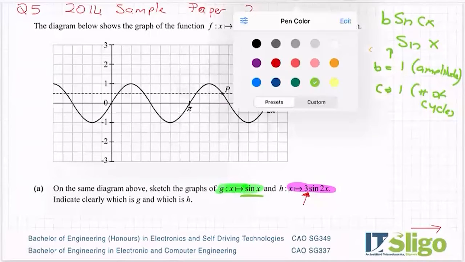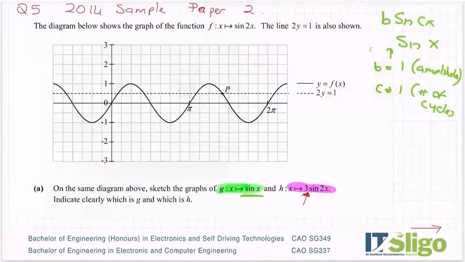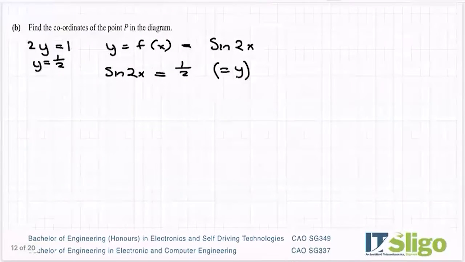Now, what I want to draw your attention to is the fact that there are many points where that line 2y equals 1 equals f of x. So we have to find this particular one here. That's the point P. But there are obviously going to be more solutions to where those two lines equal each other.